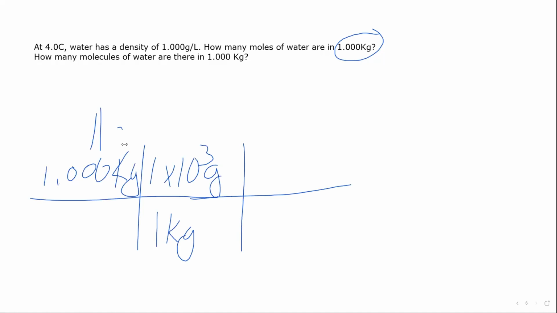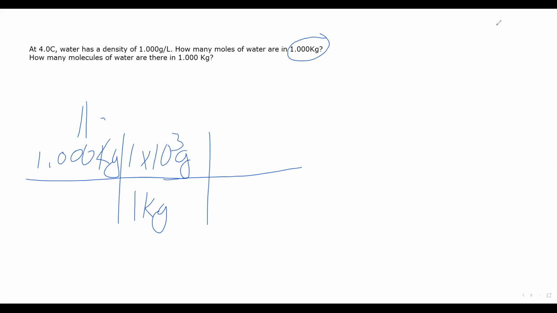We know that part. Okay, so this is H2O. Since this is H2O, we need the molar mass of water, like I was showing you. So H2O, you have 1.01 from hydrogen, but there are 2 of them, so that's 2.02, right?